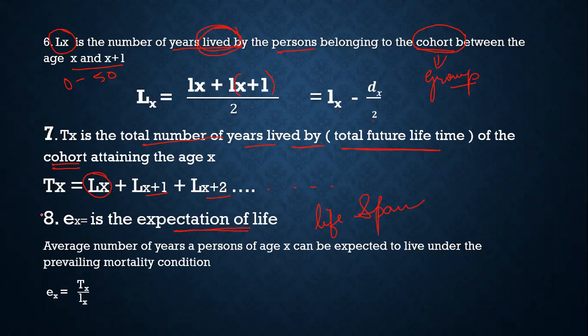So each individual has its own lifespan. Here, the average number of years a person of age X can be expected to live under the prevailing mortality condition.